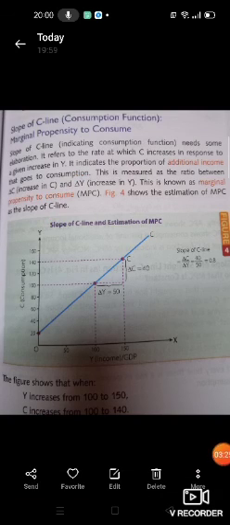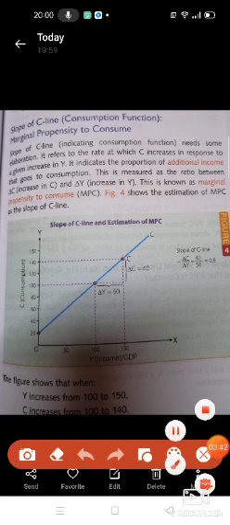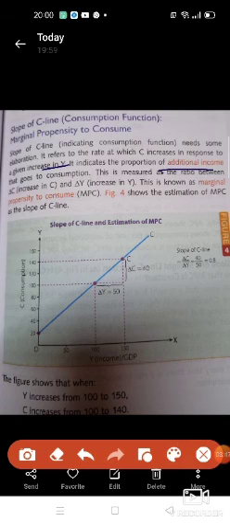The slope of the C line is the marginal propensity to consume. The slope of the C line indicates the consumption function and needs some elaboration. It refers to the rate at which C increases in response to a given increase in Y. It indicates the proportion of additional income that goes to consumption.